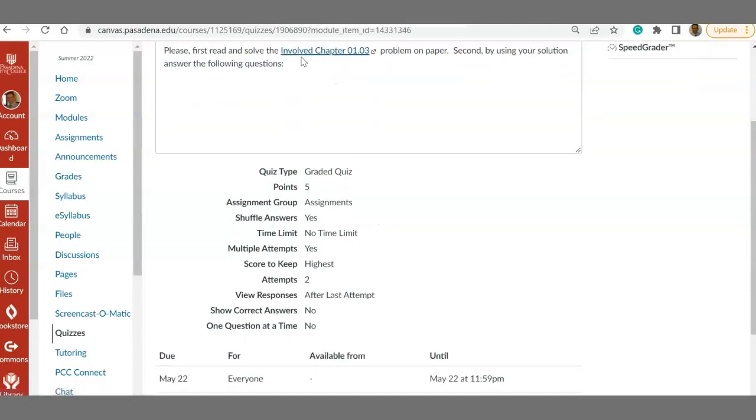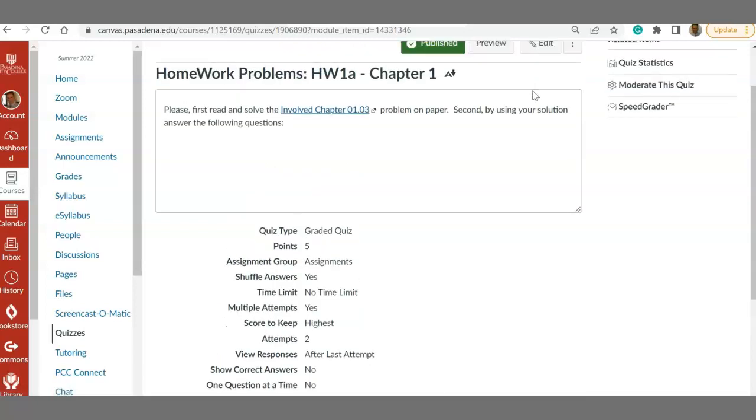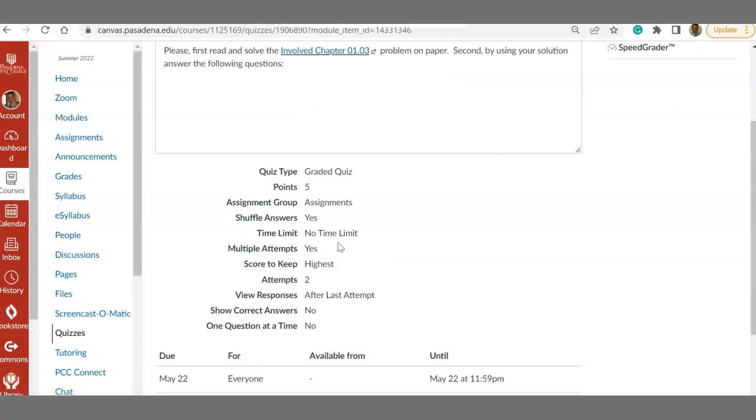And so it says solve this problem and then use your solution to answer a few questions. So I'm going to ask a few questions to see if you did this or not. And here says shuffle answers, yes, okay. No time limit, multiple attempts, yes, like 2 times.